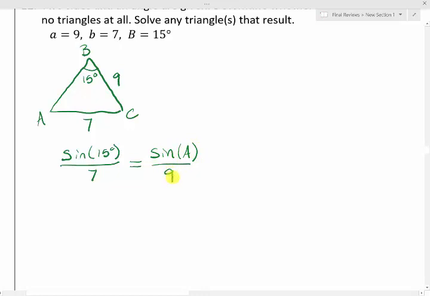And then all we have to do is solve for the variable that we still have inside of our equation, which is angle A. So I'm going to go ahead and multiply both sides by 9, and we get the sine of angle A equals 9 times the sine of 15 degrees divided by 7.